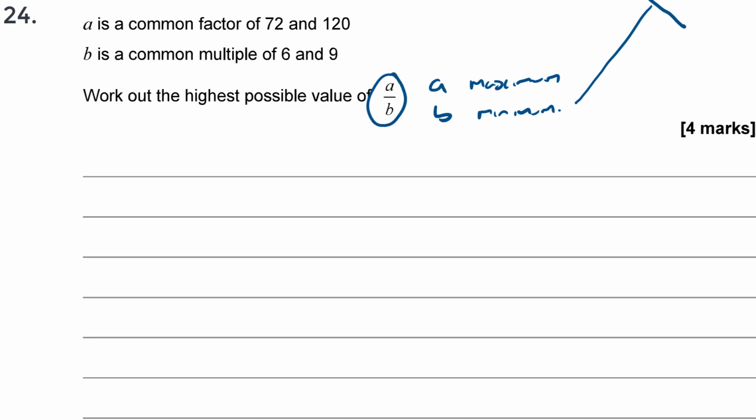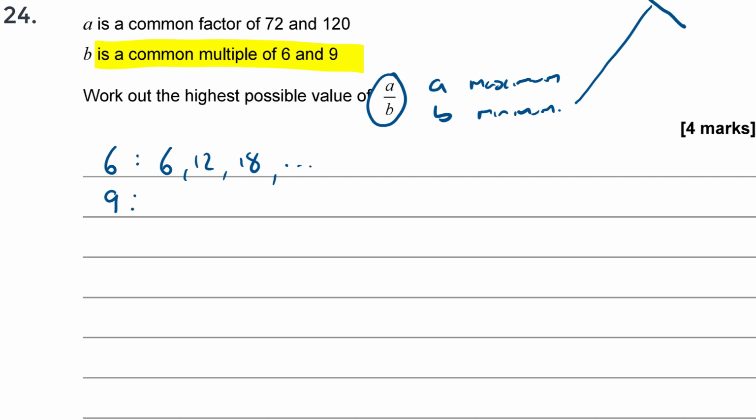So let's take B to start with then. I think that one's going to be easier. A common multiple of 6 and 9. If we want B to be minimum, we're actually asking for the lowest common multiple of 6 and 9. Okay, so let's think about the multiples of 6 and 9. The multiples of 6 are 6, 12, 18, and so on.